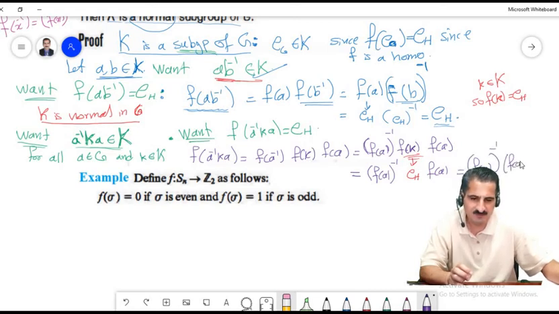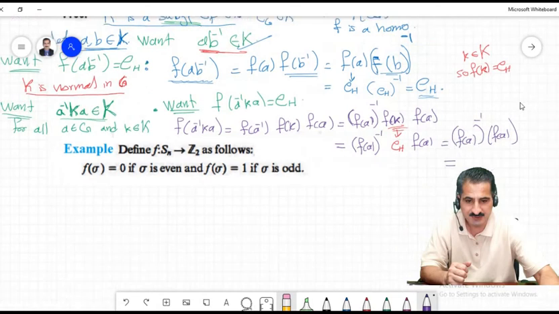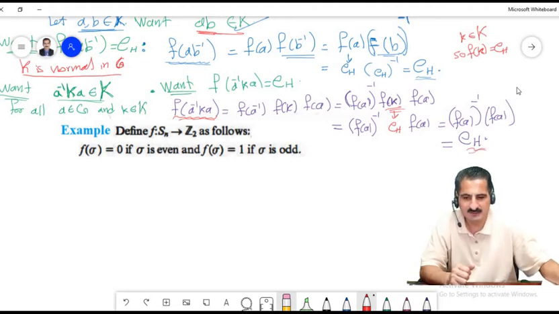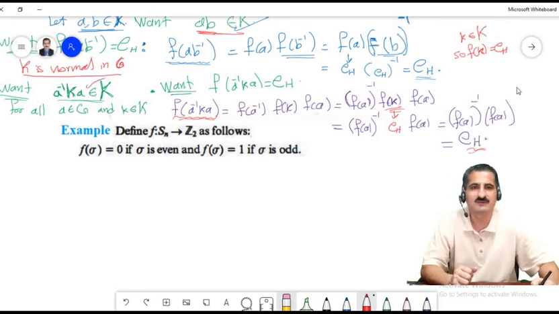So we have the element f of a times its inverse, and we are in H, and therefore this shall give us the identity of H. So we have proved that the image of a inverse k a is the identity, which means that a inverse k a is in the kernel.